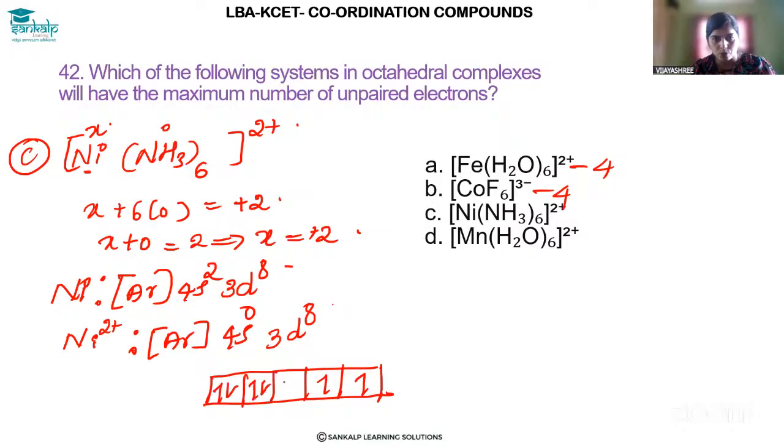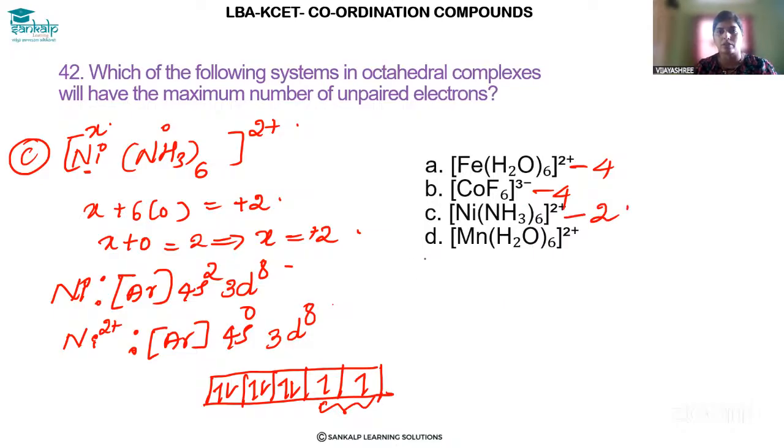How many unpaired electrons here? There are two unpaired electrons. Totally two unpaired electrons.